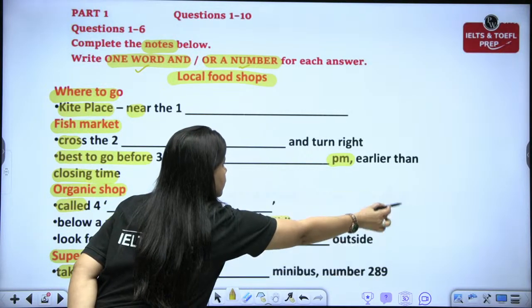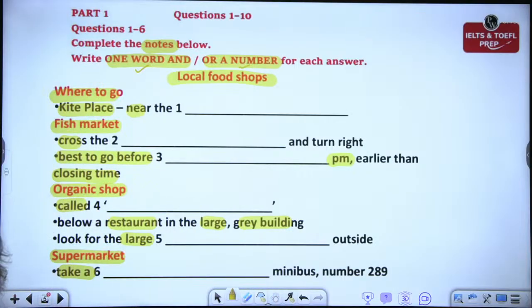At the end of the test, you will be given 10 minutes to transfer your answers to an answer sheet. Now turn to part 1. Part 1. You will hear 2 neighbours who lived in an apartment block talking about shopping for food. First, you have some time to look at questions 1 to 6.